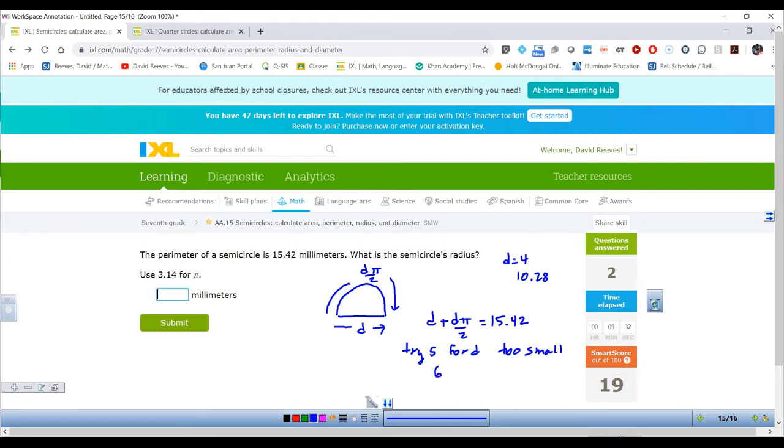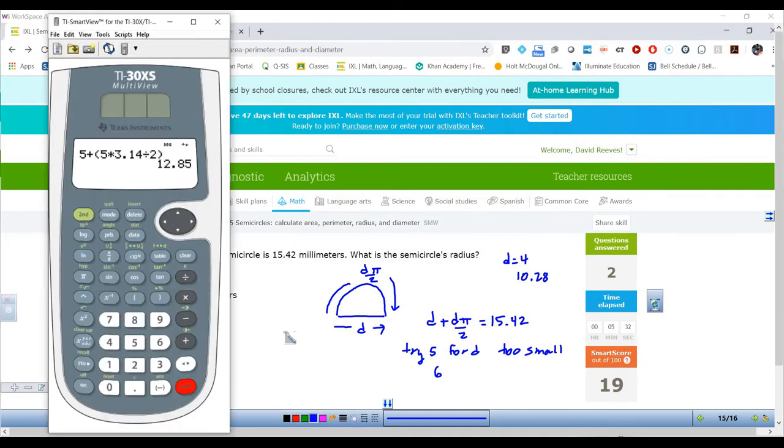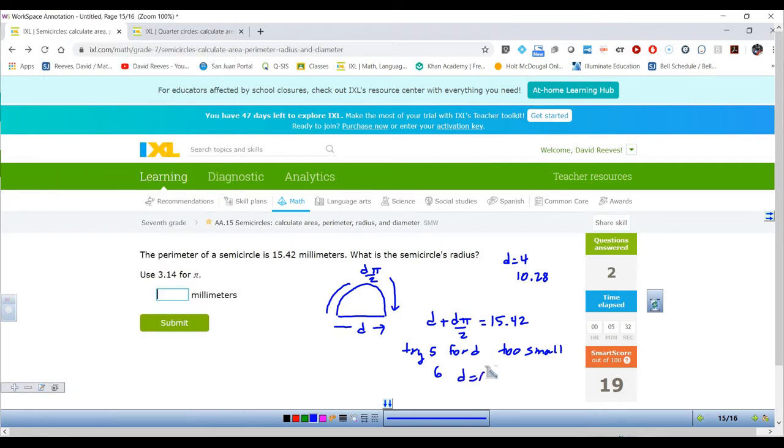So I'm thinking 6 is going to work. You think 6 is going to work? All right, here we go. So I'm going to do 6 plus 6 times 3.14 divided by 2. And when we do that, how much do you want to bet we get 15.42? We do. So that means that the diameter is 6.